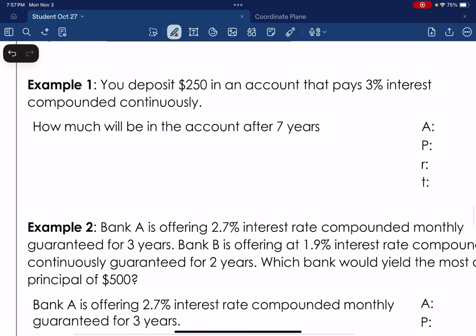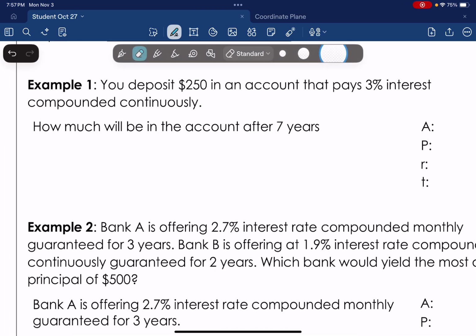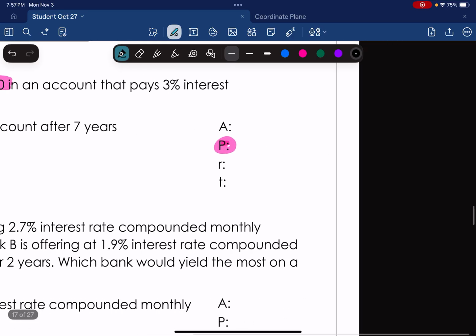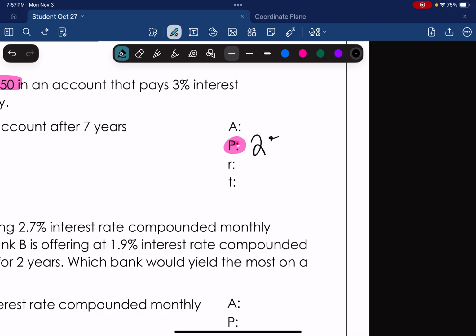So if you deposit $250 into an account, so that's our principal, that's what we're starting with. We put $250 into an account. The rate is 3%. We're going to go ahead and divide that by 100 to get 0.03.